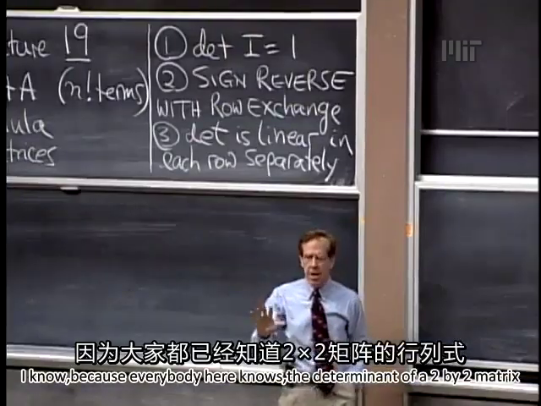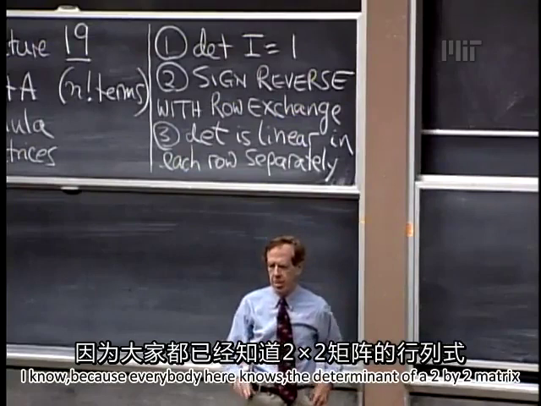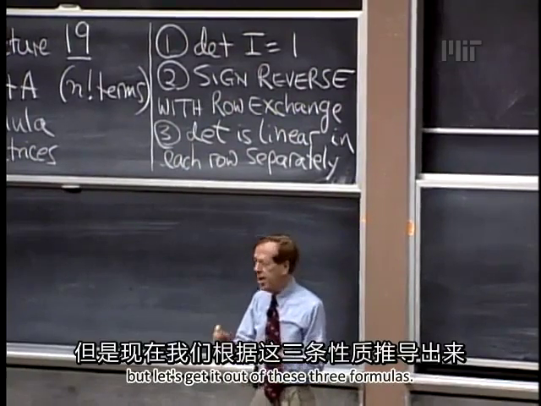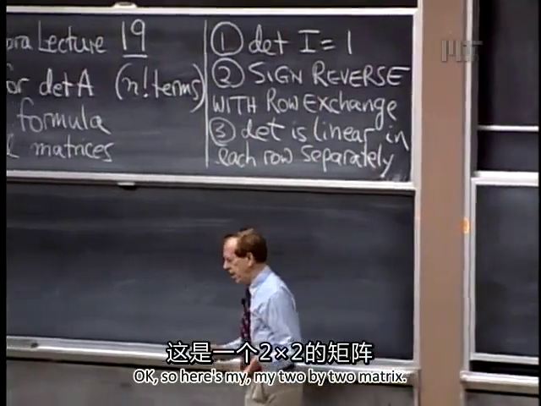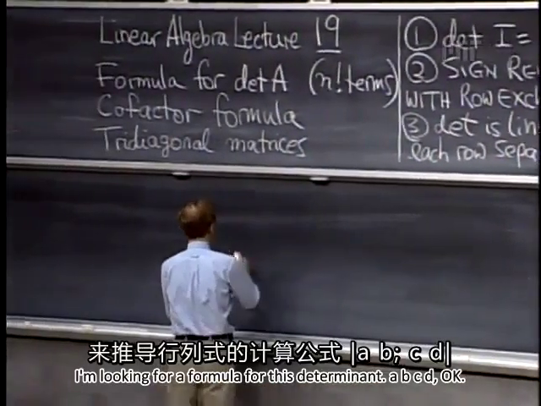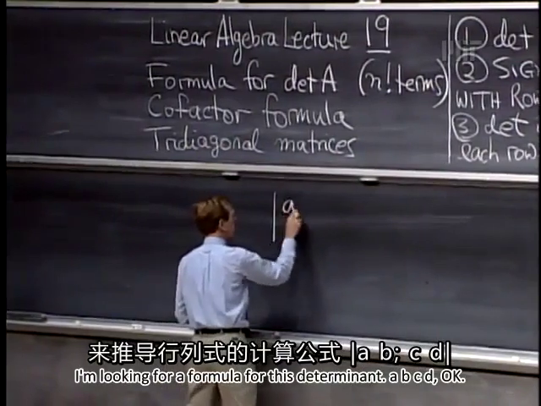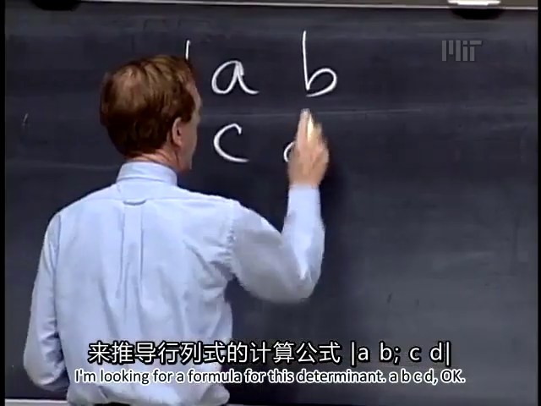Everybody here knows the determinant of a 2 by 2 matrix, but let's get it out of these three properties. Here's my 2 by 2 matrix, and I'm looking for a formula for this determinant, a, b, c, d.